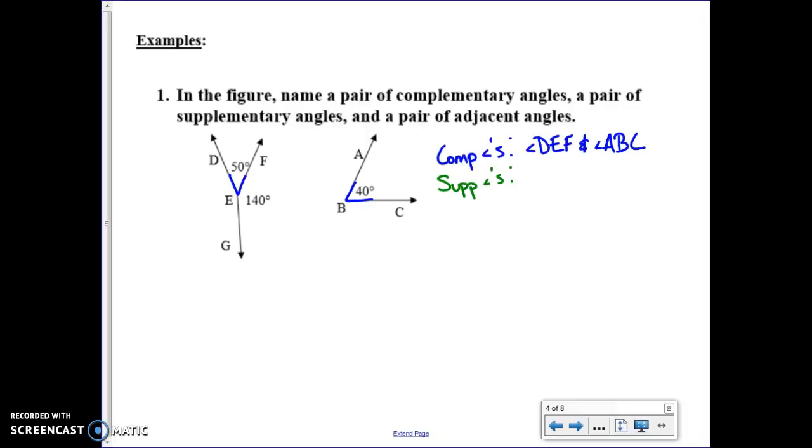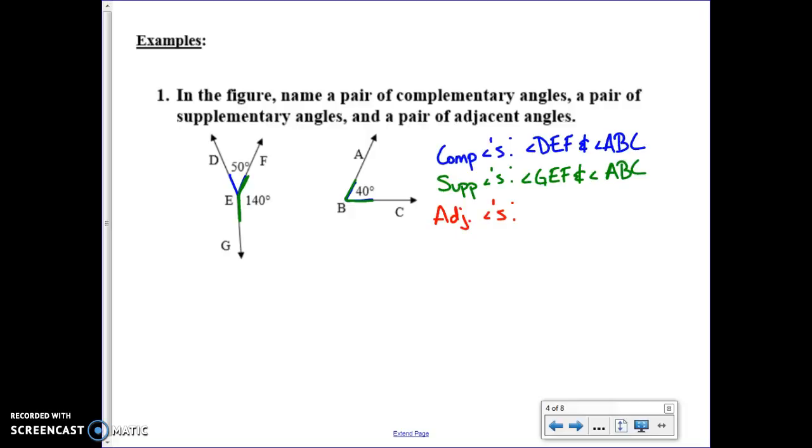All right, then I need a pair of supplementary angles. So I'm looking for two angles that add up to 180. So I have this angle right here that's 140 degrees, and this angle right here that's 40 degrees. So angle GEF and angle ABC are supplementary angles. The last one is adjacent angles.